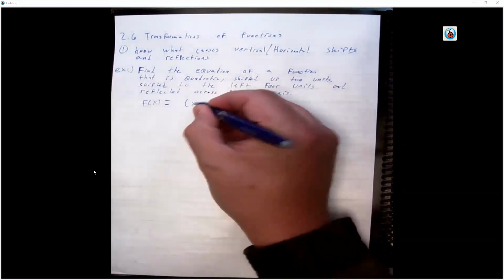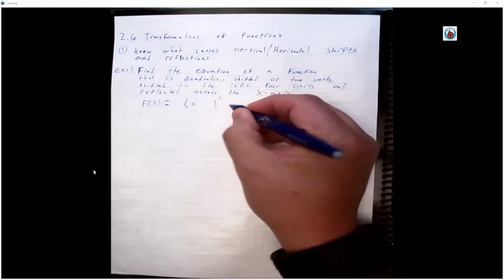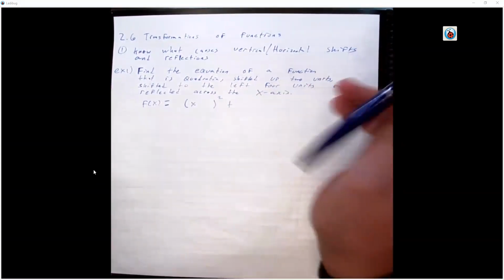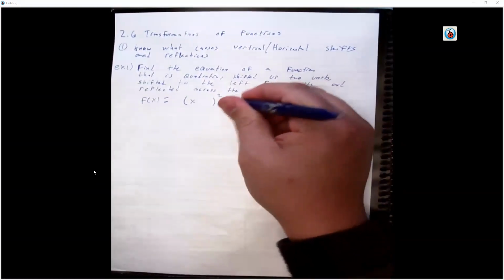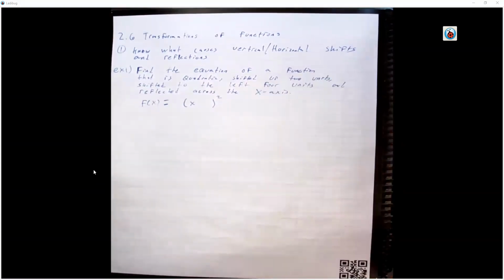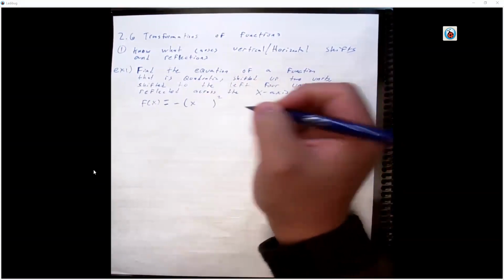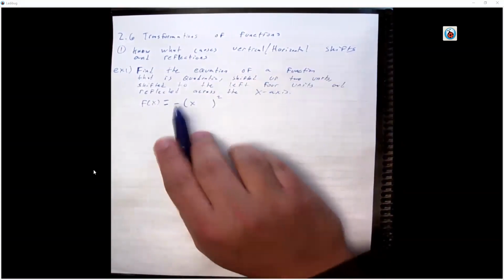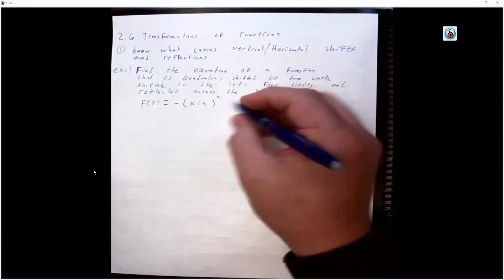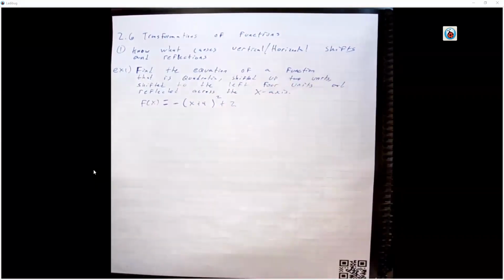I think this will help. I'll leave some blanks for you. That'll help, right? Negative (x plus 4) squared plus 2. Yeah. So the minus reflects it, plus 4 shifts it this way, right? And then plus 2. Yeah, you got it.